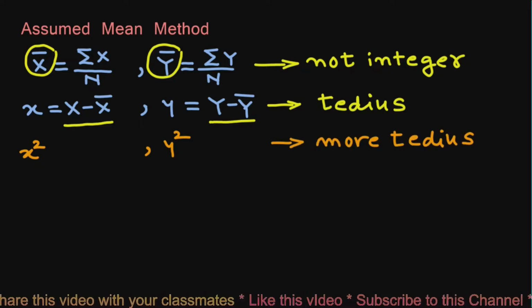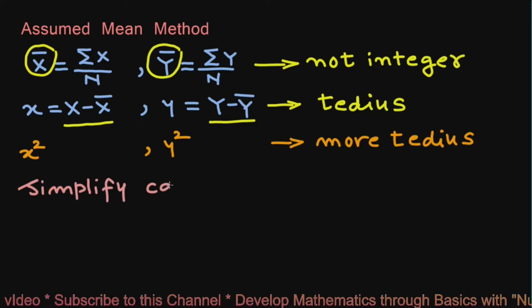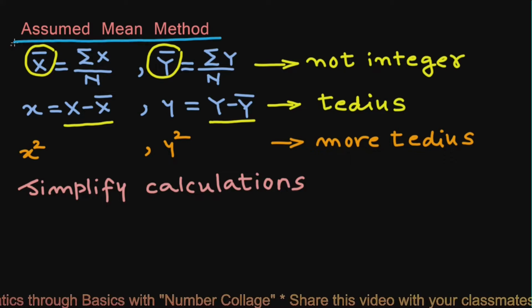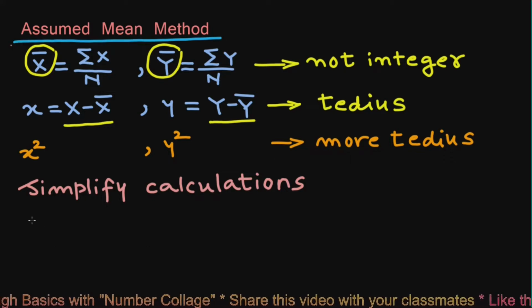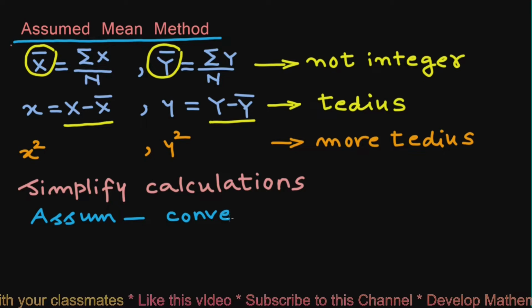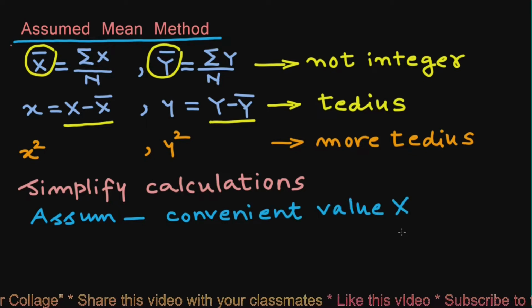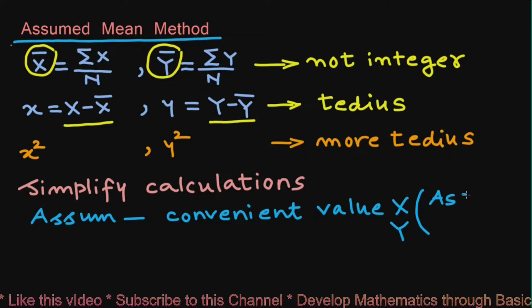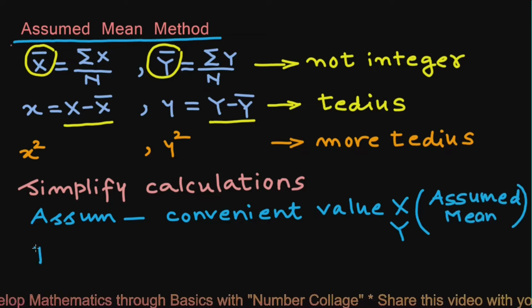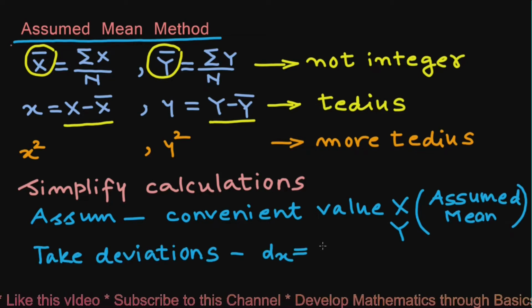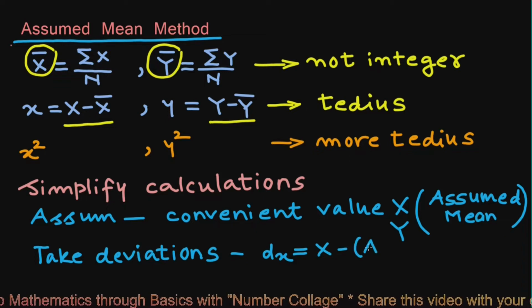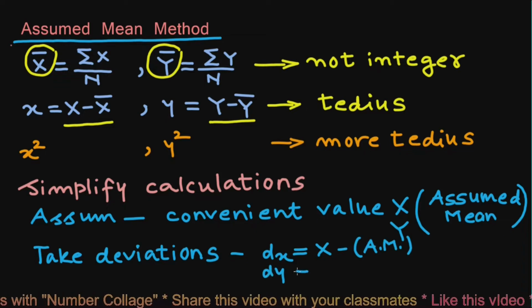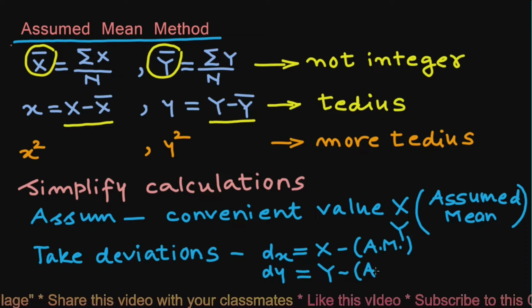So in order to simplify the calculations, we use assumed mean method, in which we assume some convenient value of x and in case of y as the assumed mean, and then take deviations dx equals x minus the assumed mean and dy equals y minus the assumed mean.